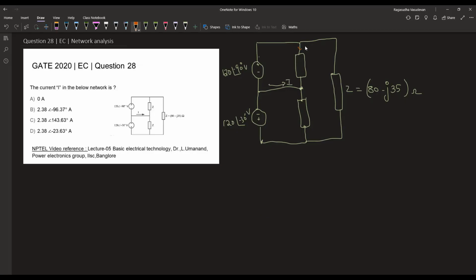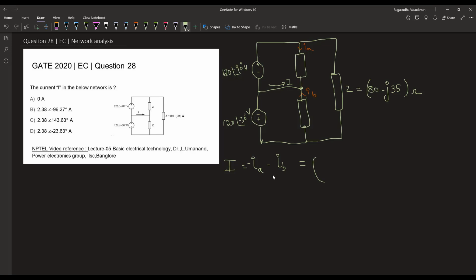Assume that this current is IA and this current is IB. Here, all the 3 currents are entering this node. Therefore, according to Kirchhoff's current law, I will be minus IA minus IB.